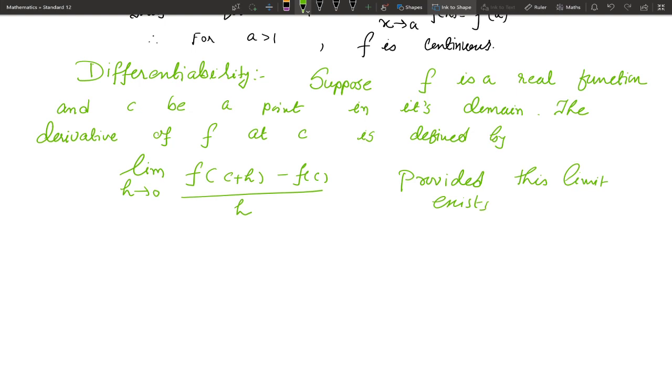So suppose f is a real function and C be a point in its domain.